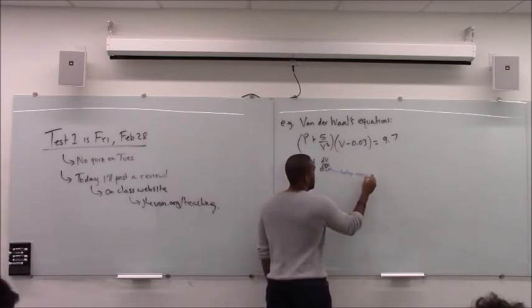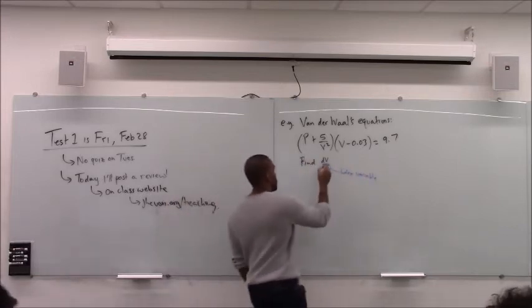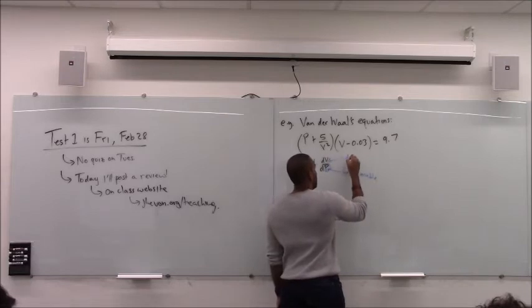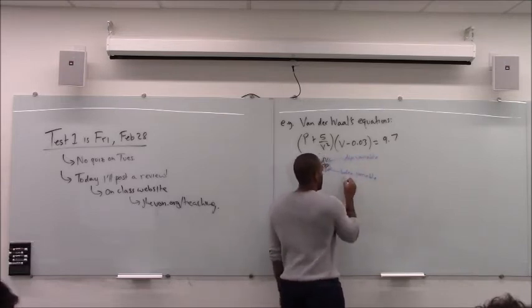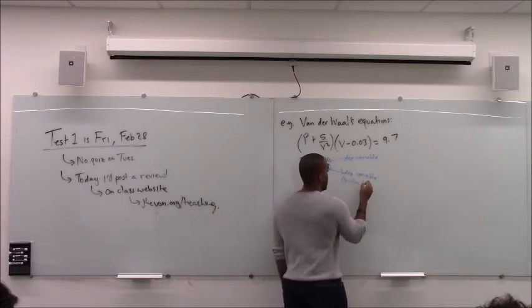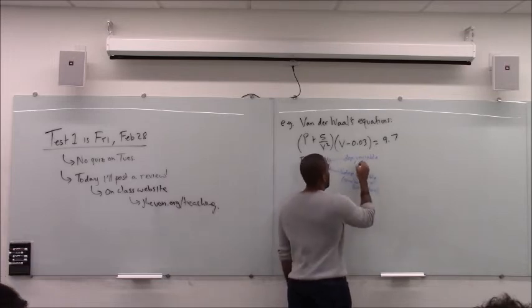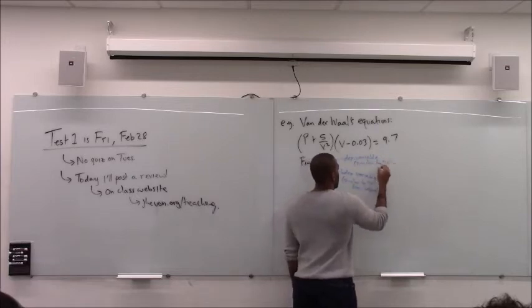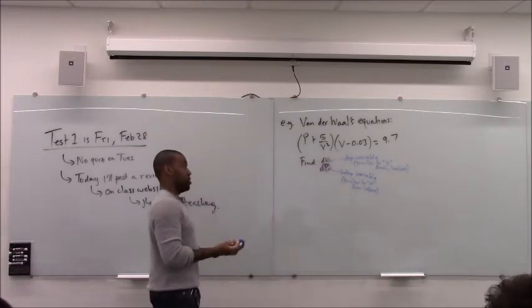So the p is kind of like your x, and the v is your y, a dependent variable. You want to identify which is your independent variable and which is your dependent variable.